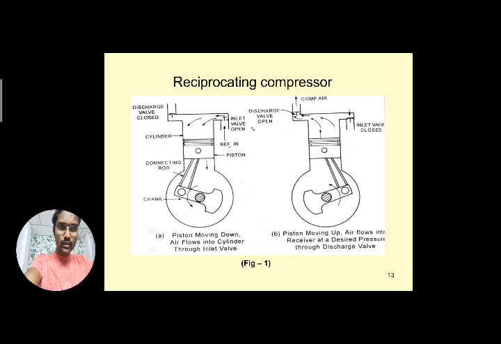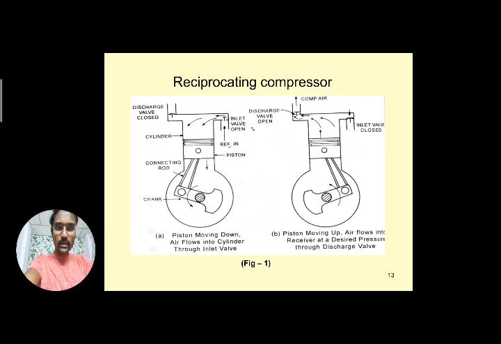Here the discharge valve is open and the inlet valve is closed. The main valves involved are the inlet valve, for the inlet of vapor refrigerant, and the discharge valve.